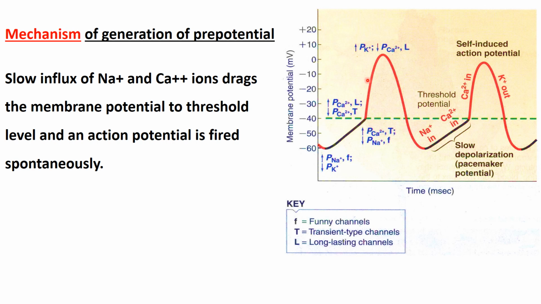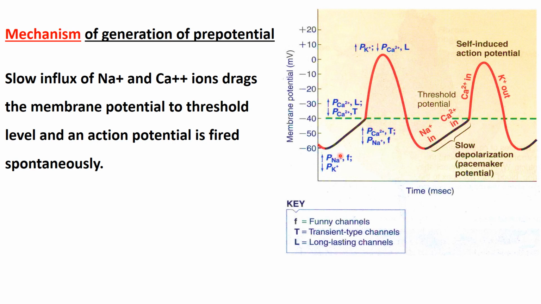They open up here. But in case of the SA node, the membrane is hyperpolarizing, going towards negativity rather than positivity, and here the sodium channels open up. Because this behavior is different from the routine fast voltage gated sodium channels, they are called funny channels.